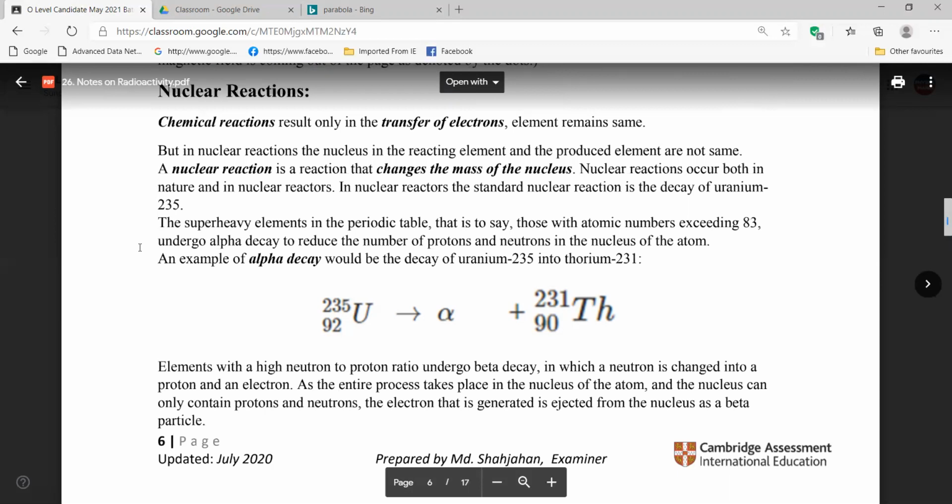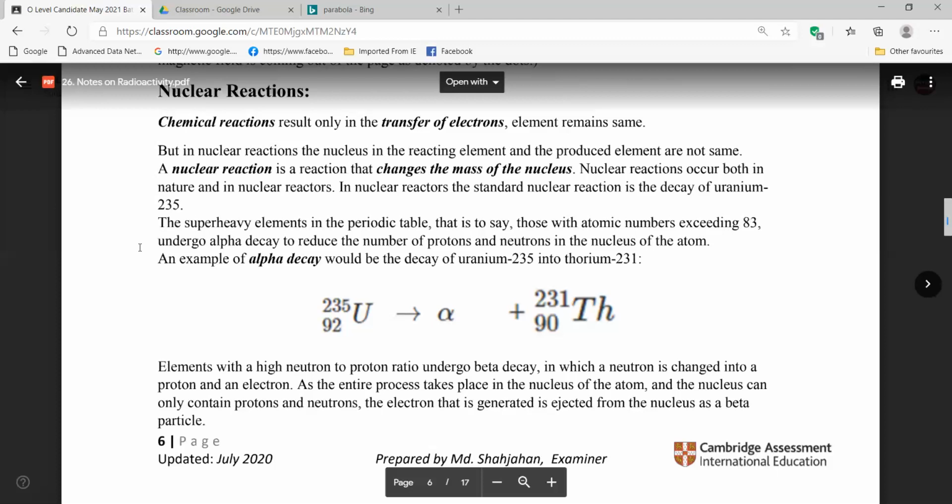The super heavy elements in the periodic table, those with atomic numbers exceeding 83, undergo alpha decay to reduce the number of protons and neutrons in the nucleus of the atom. An example of alpha decay would be the decay of uranium-235 into thorium-231. Elements with a high neutron to proton ratio undergo beta decay, in which a neutron is changed into a proton and electron. As the entire process takes place in the nucleus of an atom, and the nucleus can only contain protons and neutrons, the electron that is generated is ejected from the nucleus as a beta particle.